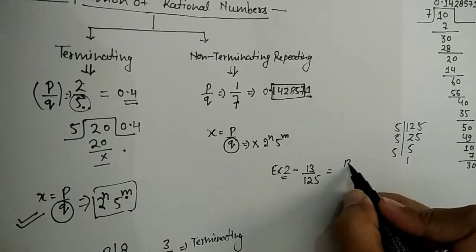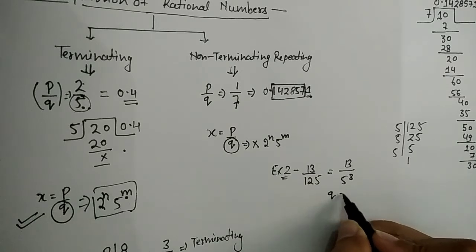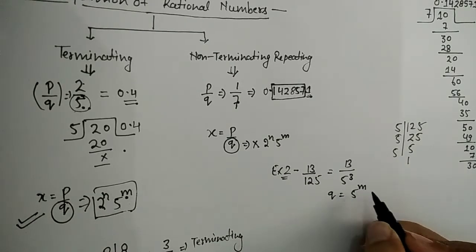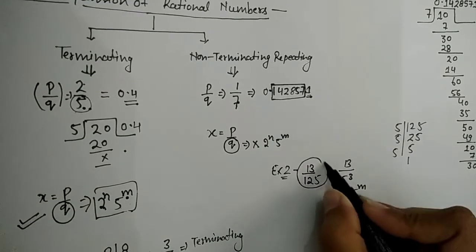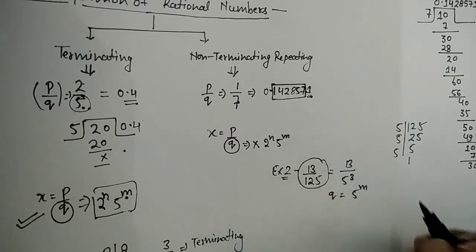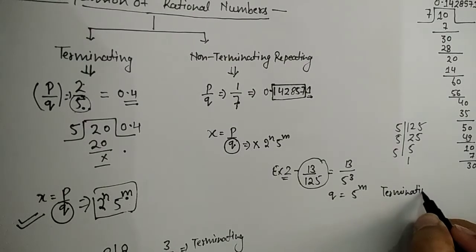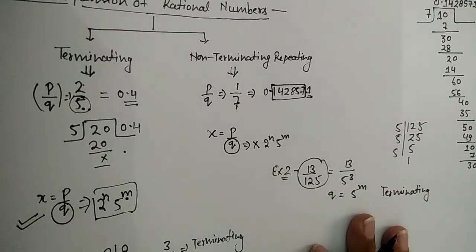Then this is 13 upon 5 to the power 3, that is, Q is of the form of 5 to the power m. So this expansion can be completely divisible, and this is a terminating expansion of a rational number.